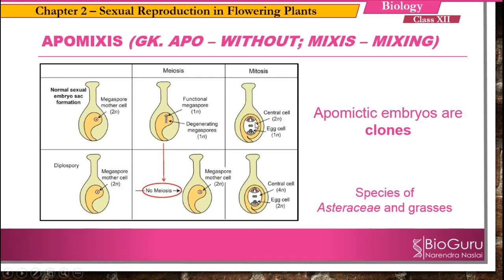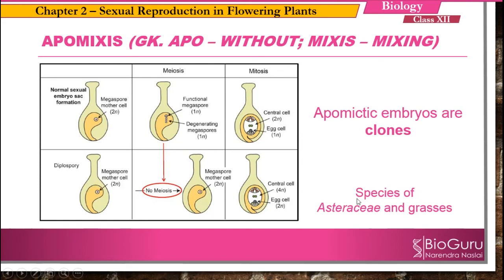If you have missed that video, go through my previous video and come back to this video. Anyhow, here the normal process takes place where a haploid egg cell is produced. After fertilization by the haploid male gamete, the two haploid cells fuse together and form the zygote. From there, the normal diploid embryo develops.